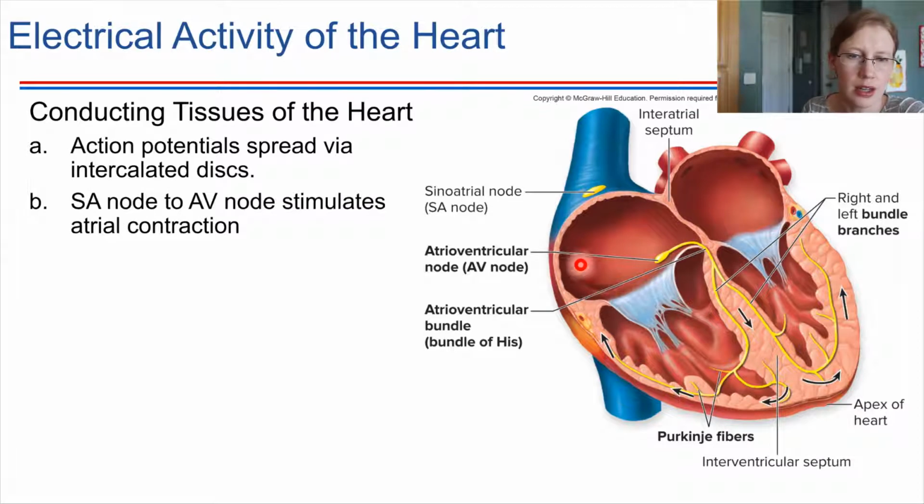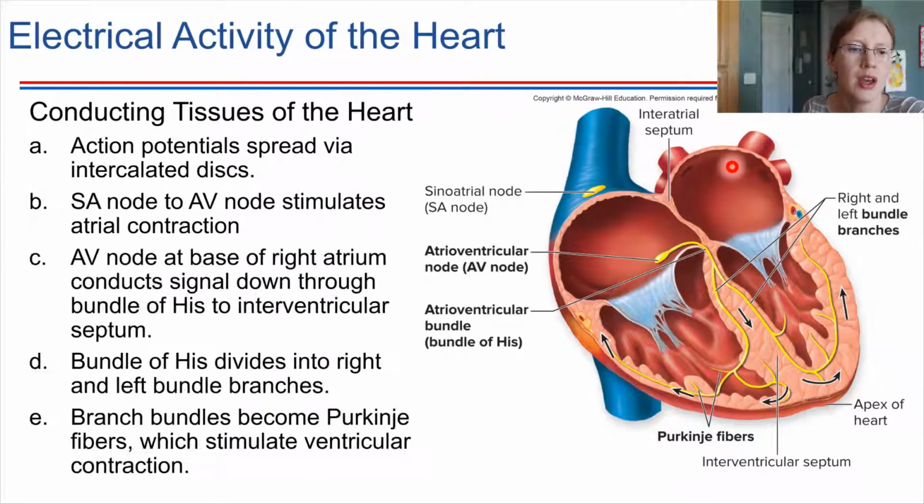Particularly, the signal transmits from the SA node down to this region, the AV node. And that results in contraction of this whole upper chamber, the atria of the heart. The upper chambers will contract. And then the electrical signal gets transmitted down to the lower chambers of the heart.